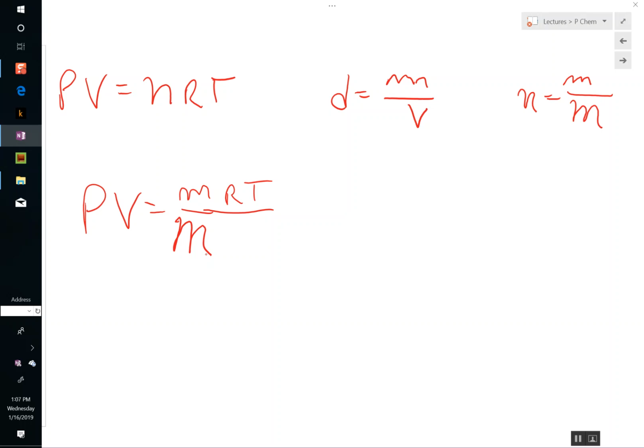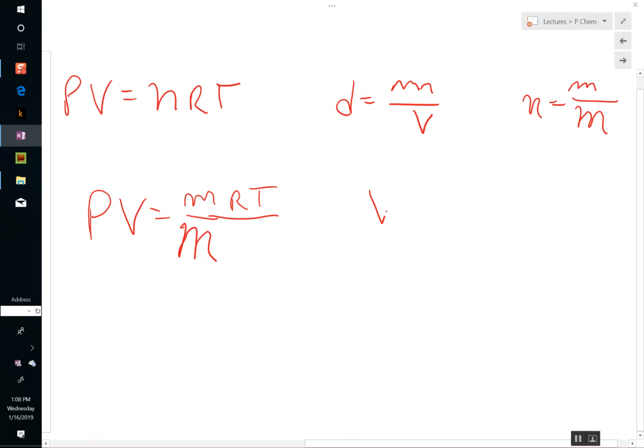You also use that for molarity, which is why I'm trying to write a scripted capital M. Let me see, what else do we know? We can rearrange the density equation so that volume equals mass divided by density, right?